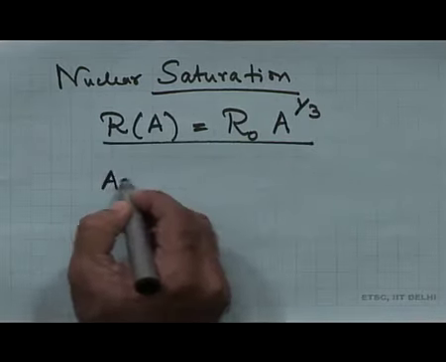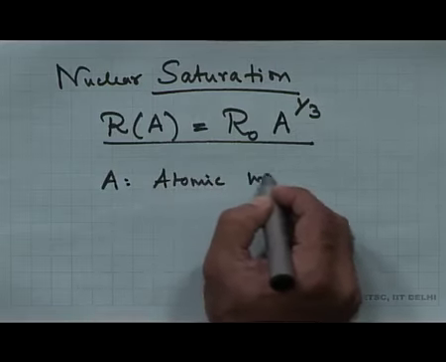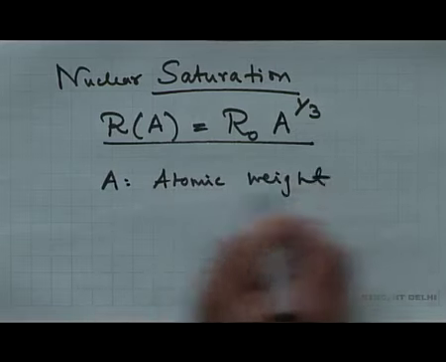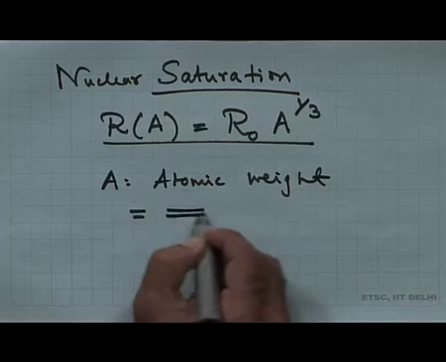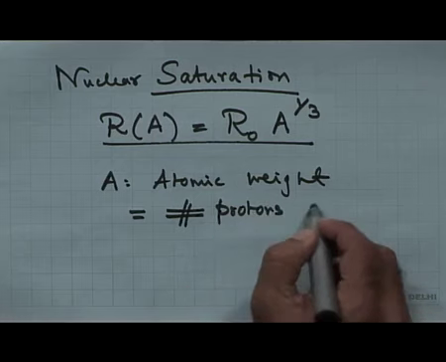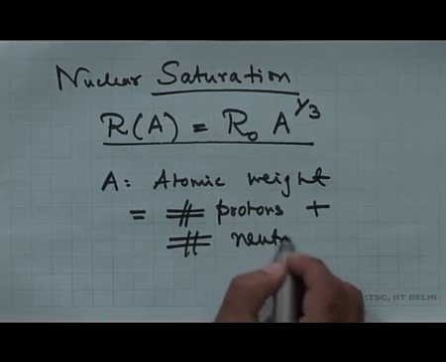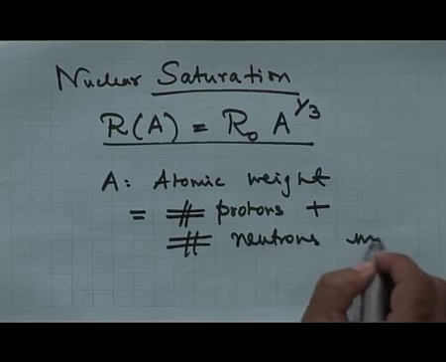And please remember, this A is the atomic weight, so-called, but strictly speaking this is equal to the number of protons plus the number of neutrons in the nucleus.